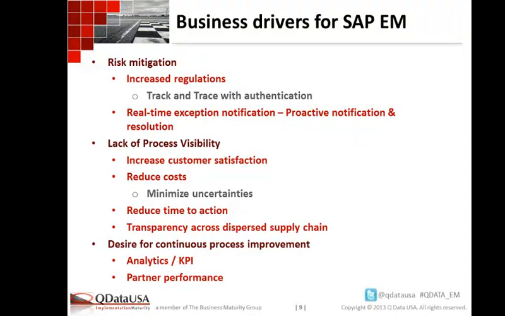For example, in the pharmaceutical industry, there are cold chain processes where a particular drug product as it moves through the supply chain can't be outside of a 2 to 8 degree Celsius range for longer than 60 hours. We need some way to measure that, and if the government asks for the information, we need to be able to tell them exactly how long it's been outside of the cold storage. So we need that type of information.